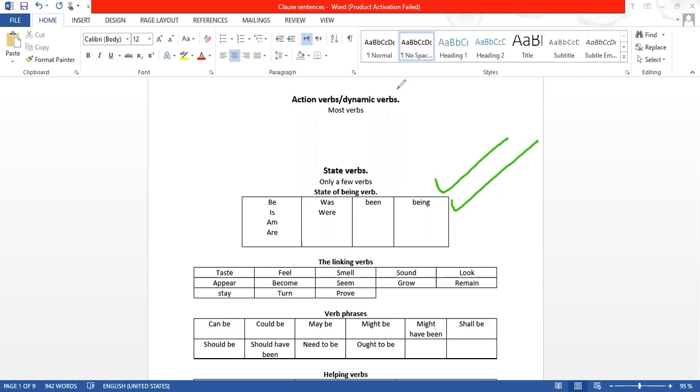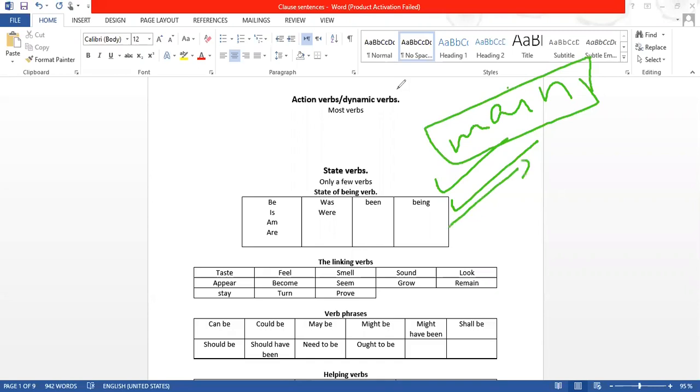Like, for example, in Urdu, when we say मैं हूँ, like मैं teacher हूँ, मैं बीमार हूँ, मैं खुश हूँ. This is a state of being, and this is also called a main verb. We can use it as a main verb, and it will always take an adjective or a noun.